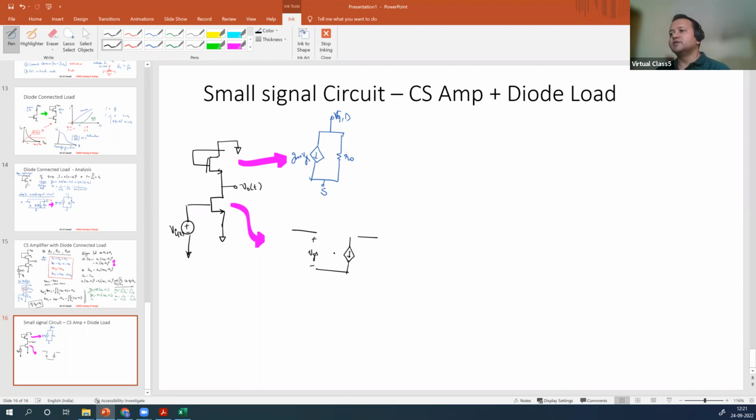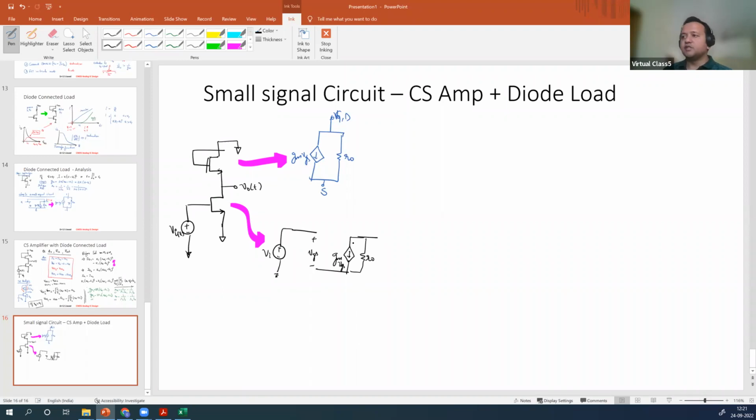Mechanically you can go writing this without thinking. Later on you can fill up the blanks. Now what is VGS here? VGS is Vi of t. No resistor here. So whatever you apply at Vi of t is your VGS. Right?